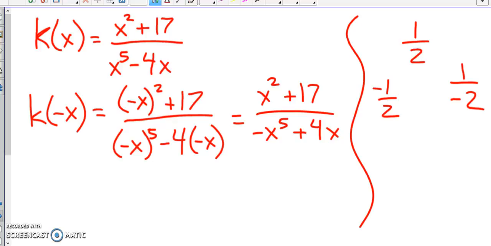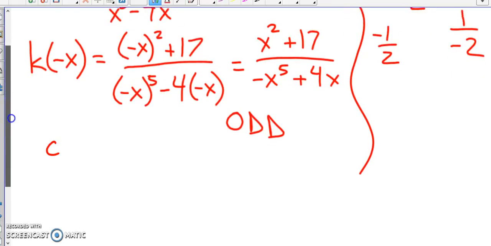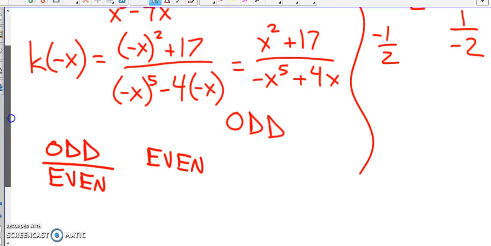This would also be the opposite, would it not? So as a result, this is odd. To have an understanding, if you have odd over even, or even over odd, that's odd.